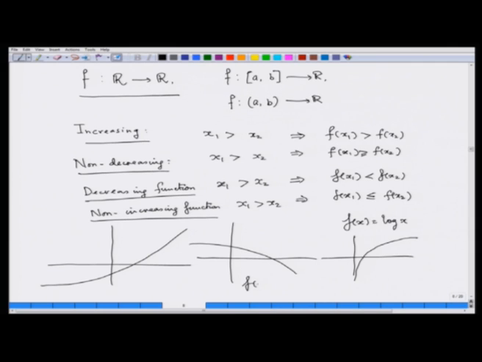Or if you take its inverse, f of x equal to e to the power x, that sort of function is also an increasing function. So, this is the graph of e to the power x, and there is the graph of log x. These types of functions are very, very important, and they play a fundamental role in calculus, and that is exactly what we are going to talk about.